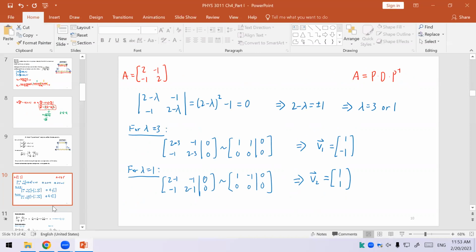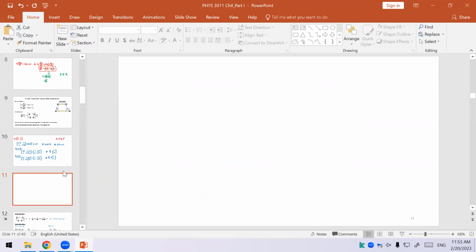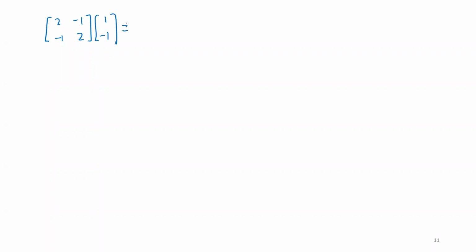And then what is the next step? Here, what we have is the following. The first eigenvalue and eigenvector give me this system, and the second eigenvalue and eigenvector give me this.